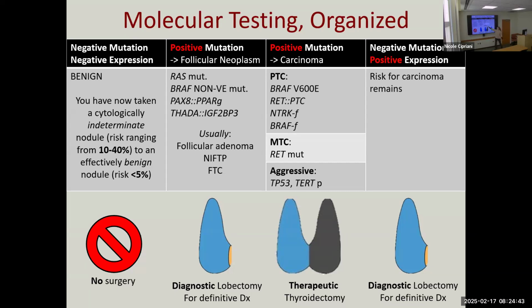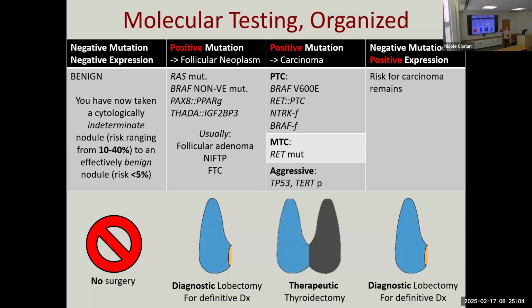And you know you have cancer, not just a neoplasm. What if you have negative mutation, no driver mutations, but still a positive gene expression profile? It's basically saying we don't know what the driver is here, but there's still a risk that this can be cancer, so it still needs to come out.